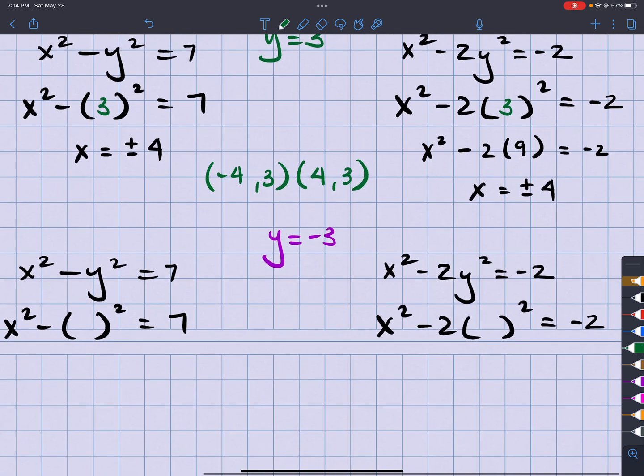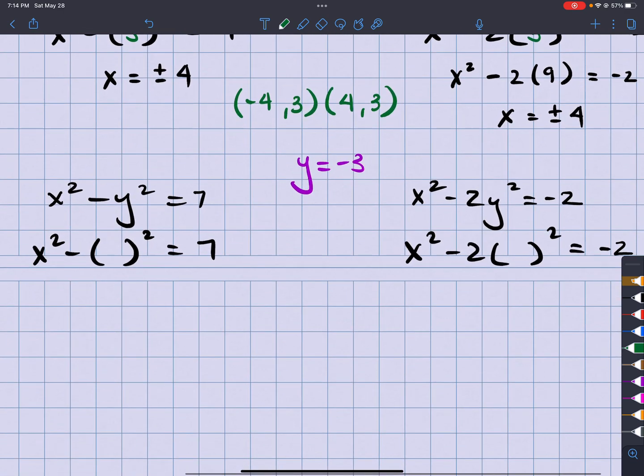All right? And if I was to do a negative 3 in here, because they're being squared first, which becomes a positive 9 as well, then guess what? Over here on the left, I'm still going to get x is equal to plus and minus 4.